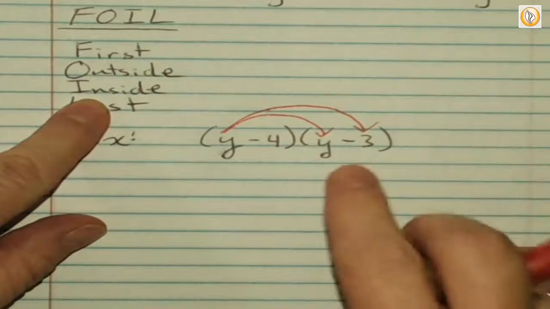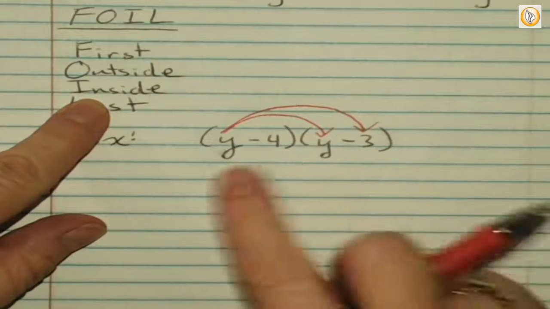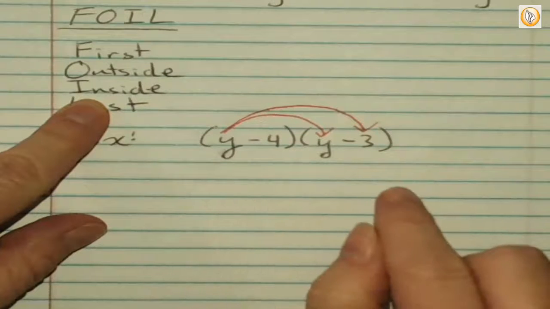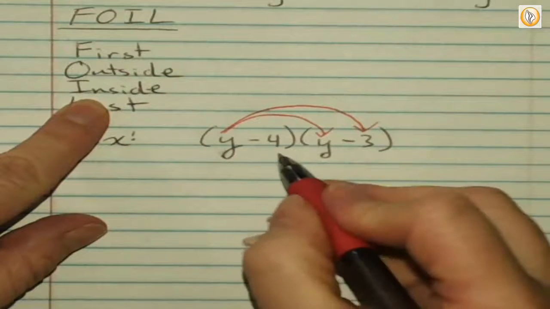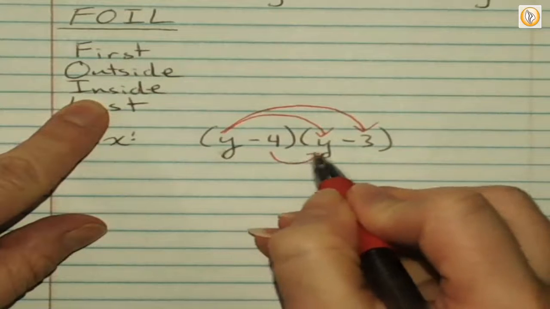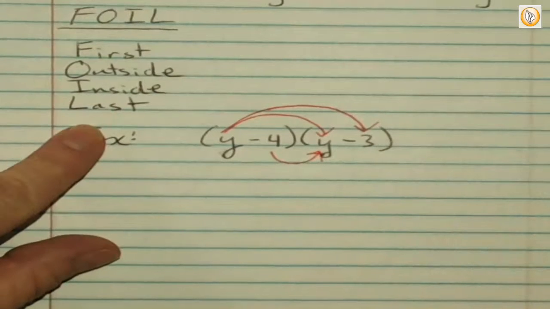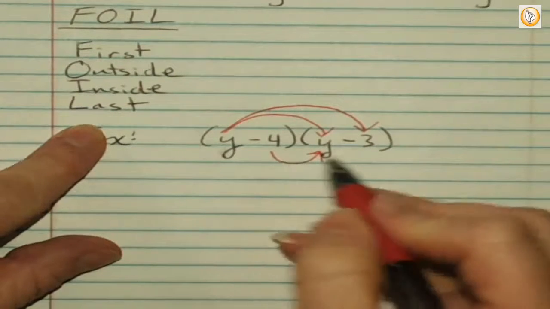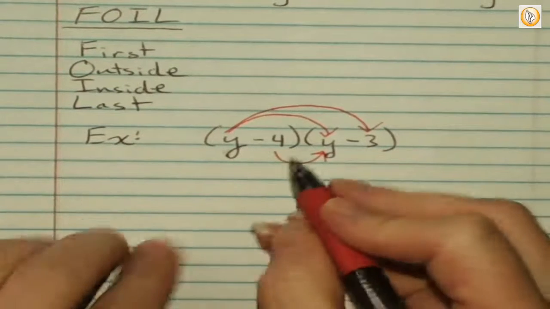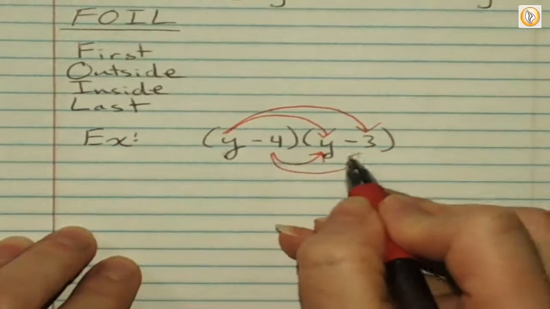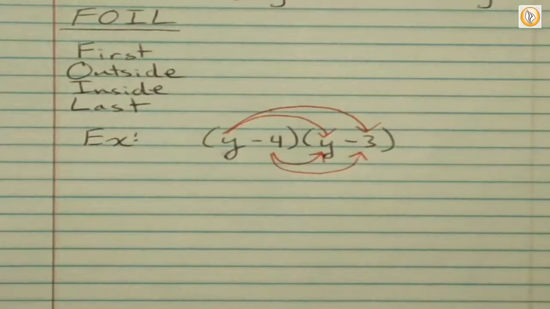Inside. That's right. It's just like yesterday. But if y'all did it different yesterday and still got the right answer, you're fine. Inside are the 2 inside terms. And then last, these 2 last terms. See, we're just putting words to what we did yesterday. You see what I'm saying?